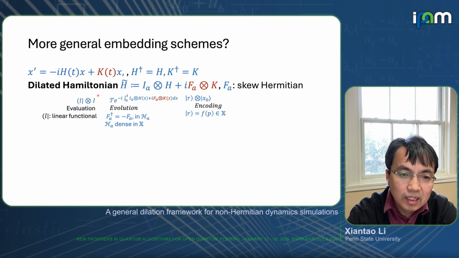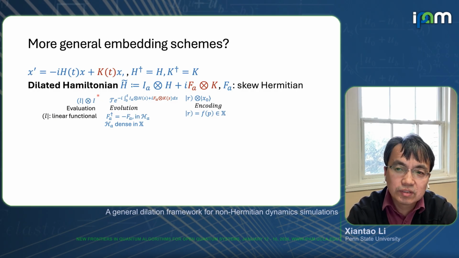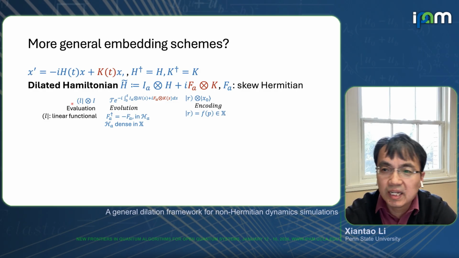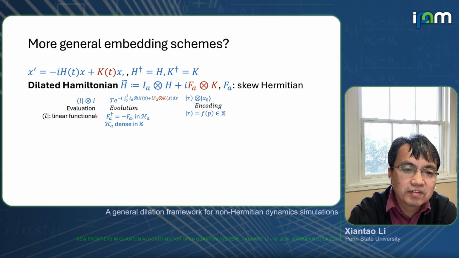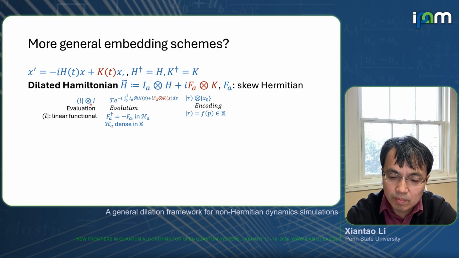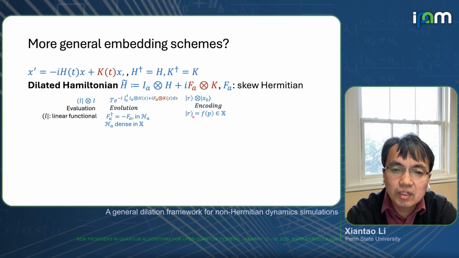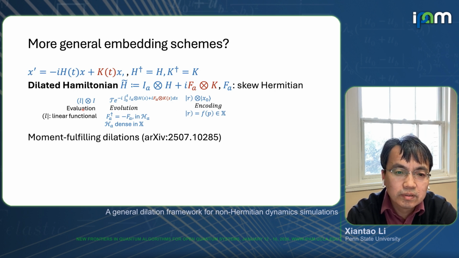When I'm done, I'm going to project or select. So I'm going to let the ancilla collapse on some state. So I'm going to think of this as a linear functional. Right? And then that takes me back to the original physical space. Okay. And the three elements that you can pick here are the function R, the operator F, and this functional L. Okay, so there are kind of three elements that you can pick.